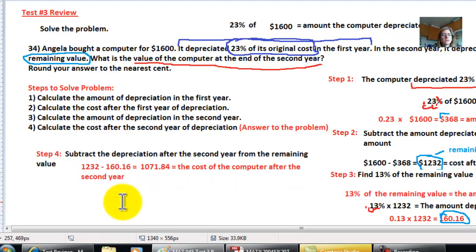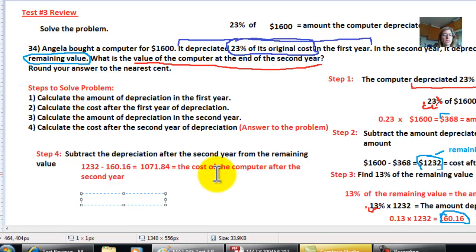Okay, so the big answer to the problem is: after 2 years of depreciation, the computer cost $1,071.84.